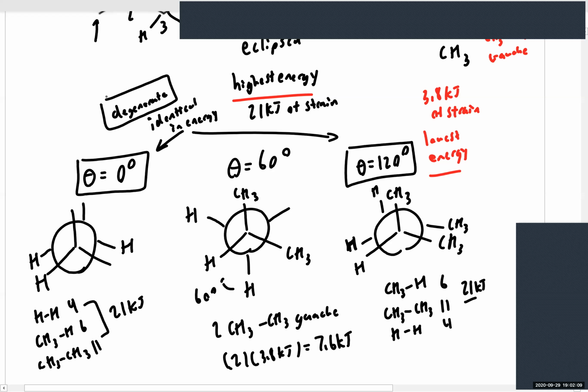Does everyone see how 120 degrees is a degenerate conformation with the 0 degree eclipsed conformation? Because we have the same interactions between the same substituents. Does that make sense? Any questions on that idea?